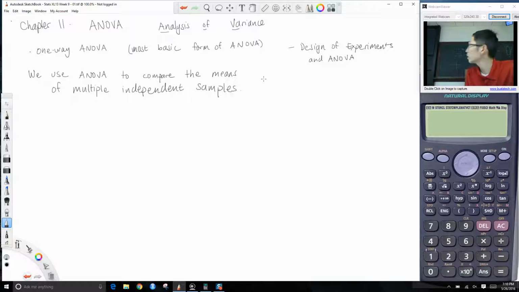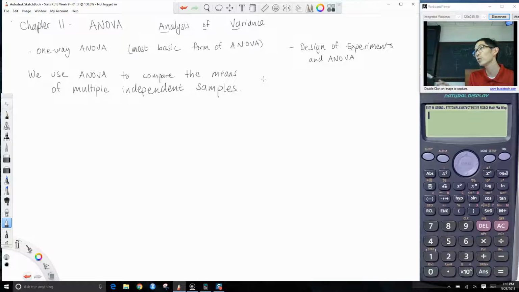So it's similar to a t-test. Contrast this to a t-test where we are comparing the means between two samples. Anova allows us to compare the means of more than two samples.